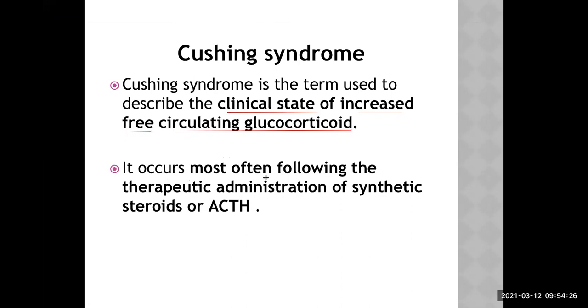It occurs most often following the therapeutic administration of synthetic steroid or ACTH these days. There are so many disorders which need the use of corticosteroid these days, and they need to be used for a relatively prolonged period of time. And see what they do to our body. They can cause Cushing syndrome.